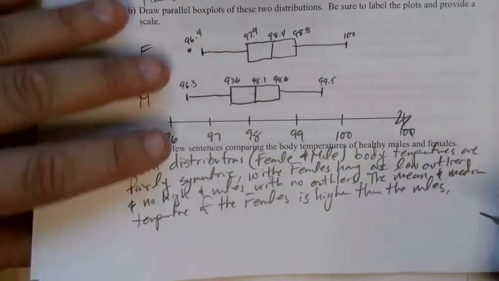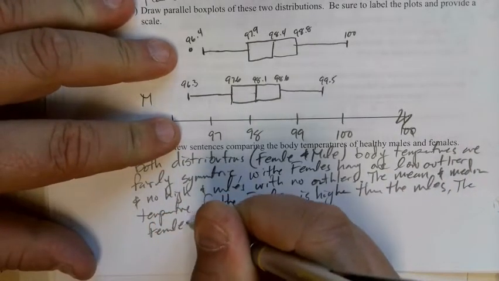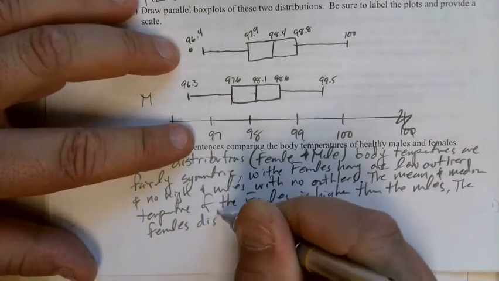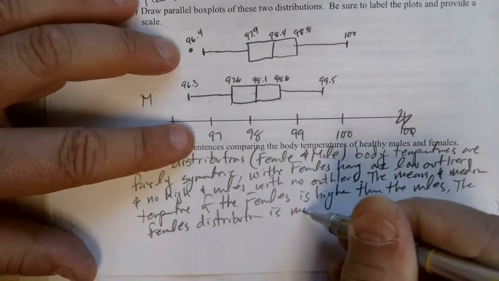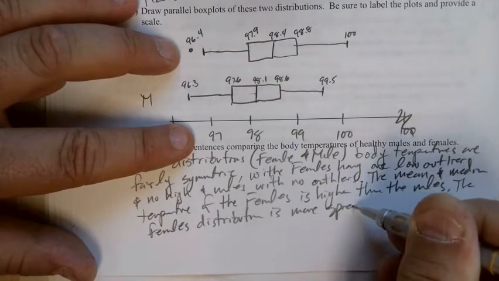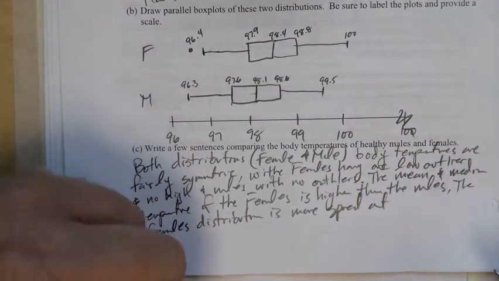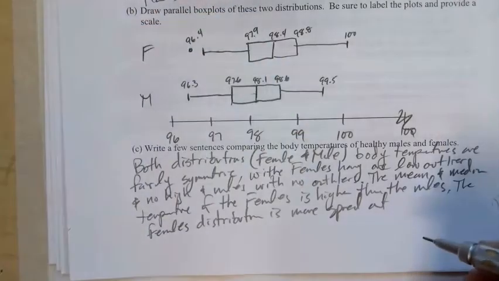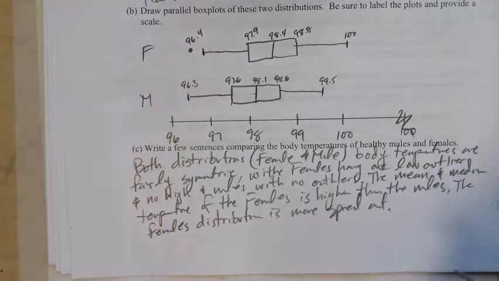So the females distribution is more spread out. And I could calculate a range and say, with the range of this to that. But really, when you're comparing them, that's generally going to be good enough.